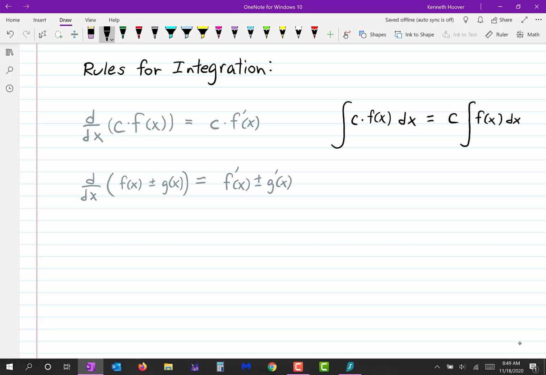That means the integral of f plus g equals, plus or minus actually, equals the integral of f plus or minus the integral of g.